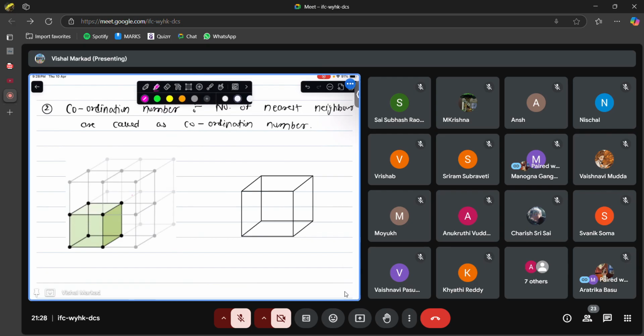I'm highlighting points here. This corner is there. We are studying a simple cubic unit cell, right? So this corner. Can you tell me this corner is attached to how many such corners?